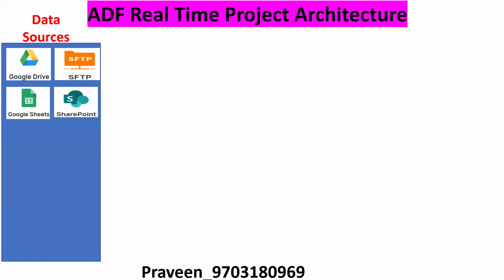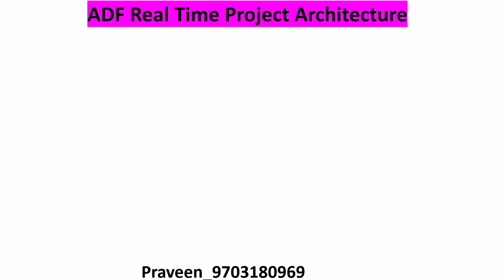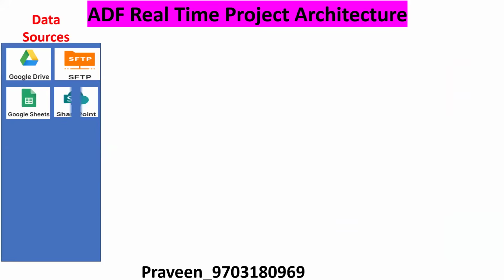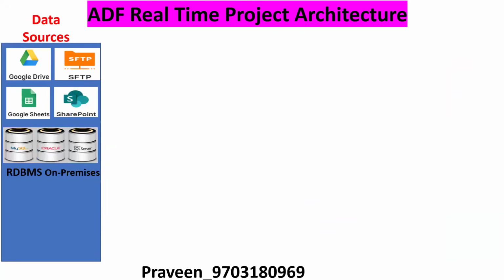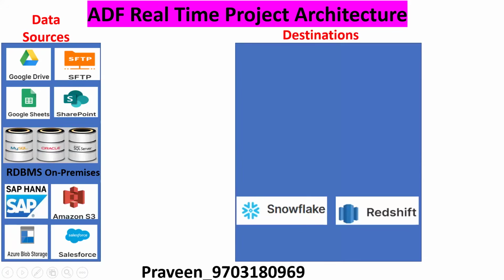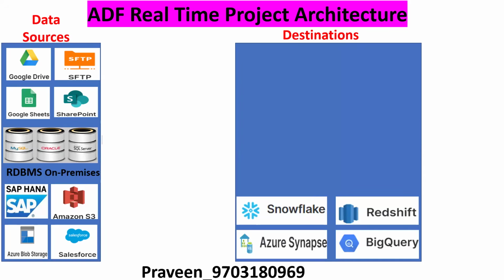This is the real-time project flow. I'm having multiple sources. Remember, in real time, there will be around 5 to 10 data sources. From there, we need to bring the data to the data warehouse. My client data is available in multiple data sources, and I want to move it to Snowflake, Redshift, Synapse, or BigQuery.